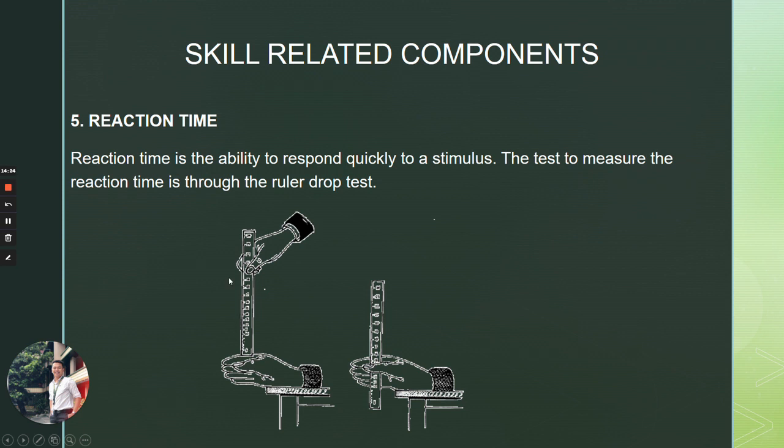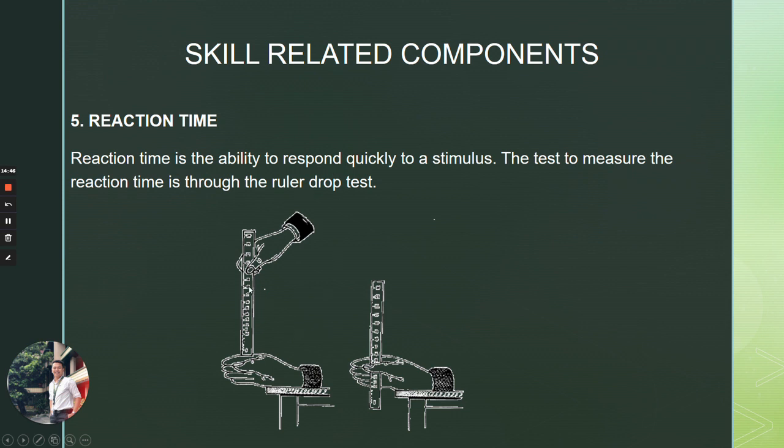Yung 12 inches ruler. Tapos, kailangan may desk na papatungan yung kamay mo that may somebody rin na mag-assist sa iyo. So, all you have to do is to catch the ruler. So, ang i-measure mo kung saan yung inches na na-catch mo. Okay? So, it will test kung gaano kakabilis mag-respond sa stimulus.